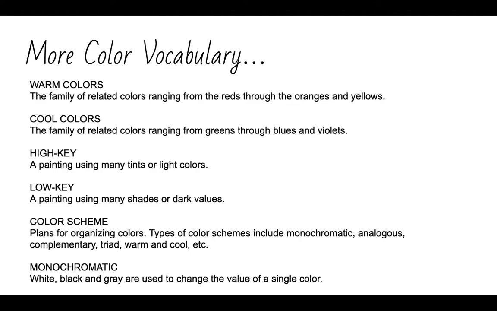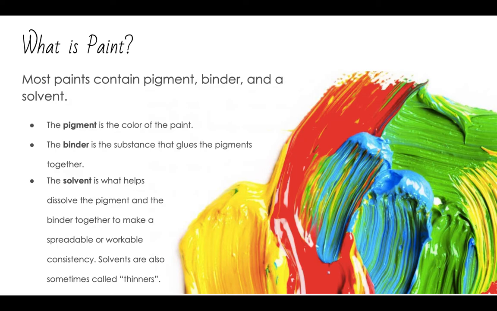A color scheme is a plan for organizing colors. Types of color schemes include monochromatic, analogous, complementary, triad, warm and cool color, and many others. A monochromatic color scheme is white, black, and gray that are used to change the value of a single color.